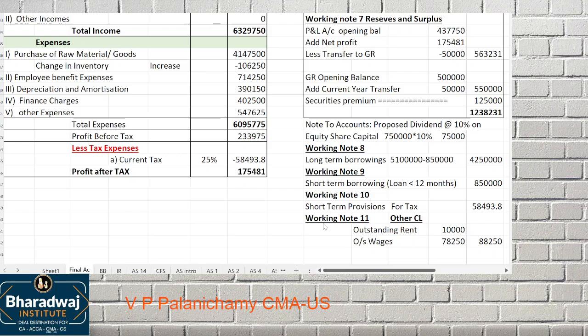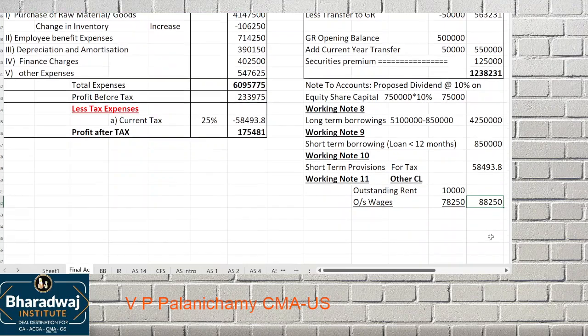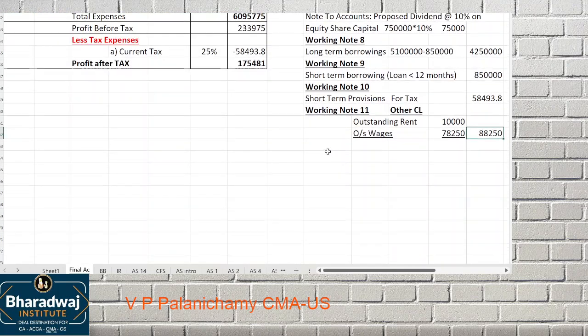Then outstanding rent and outstanding wages. Then what else will come? That's it. So liability side workings are over.